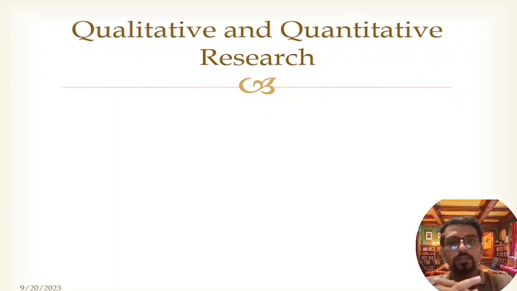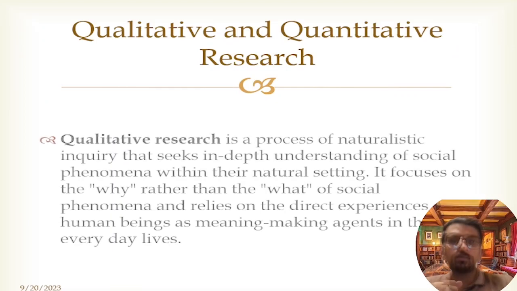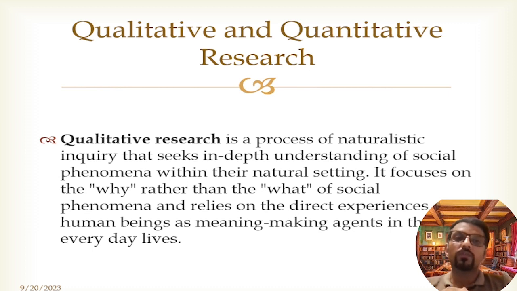First of all, let's define what is qualitative research and what is quantitative research. Qualitative research is a process of naturalistic inquiry that seeks in-depth understanding of social phenomena within their naturalistic setting. It focuses on the why rather than what of social phenomena, and it relies on the direct experiences of human beings as meaning making agents in their everyday lives.